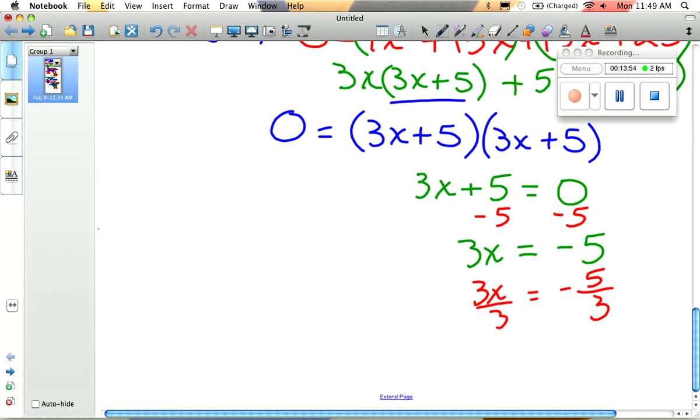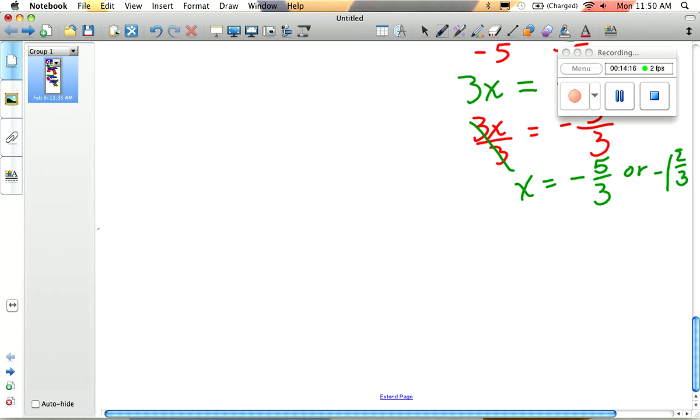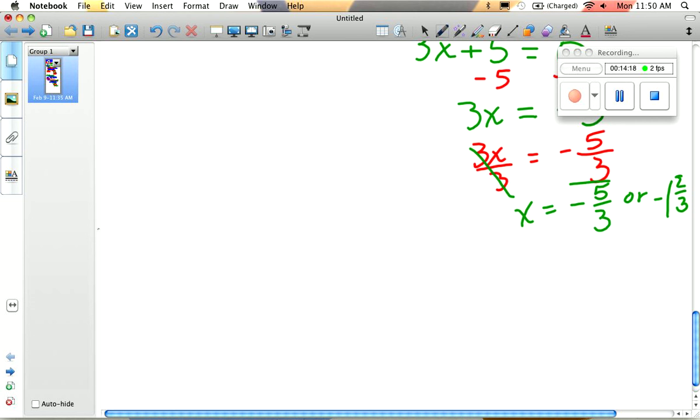So x equals negative 5/3 because 3 doesn't go into it nicely, or we can say that is negative 1 and 2/3. Just the same answer. We only have one solution. It's just that it can be renamed as negative 1 and 2/3.